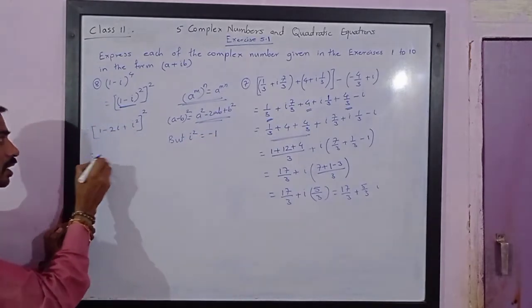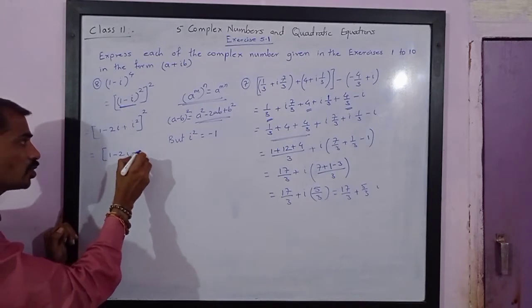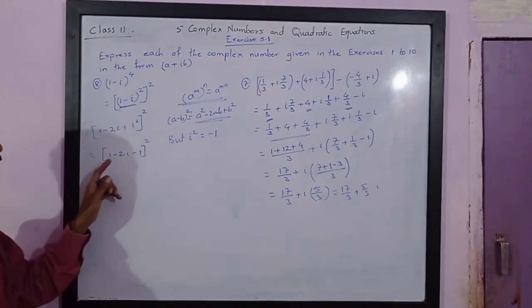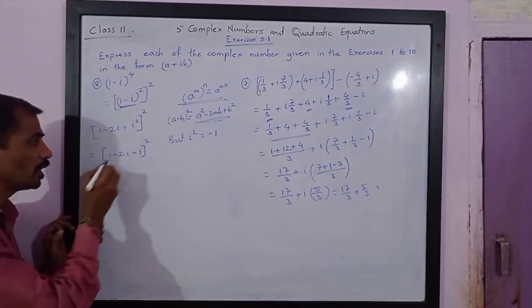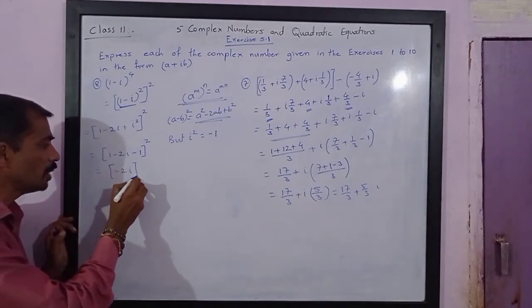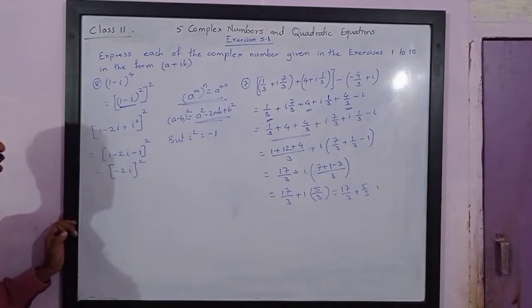So we will get (1 minus twice i minus 1) square. Now we can add the real part with the real part and imaginary part with imaginary part. So this 1 minus 1 becomes 0. We will get (0 minus 2i) square.